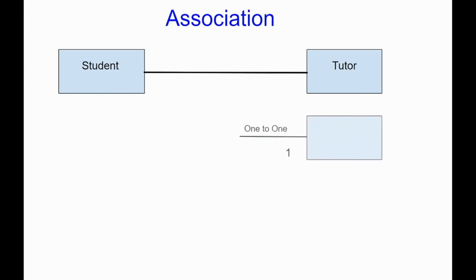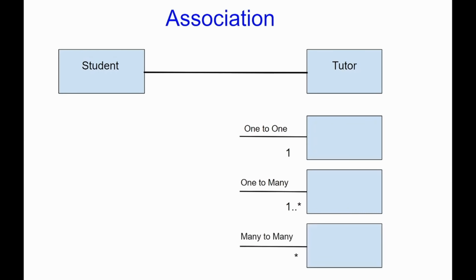In addition, we can also specify the multiplicity, that is the number of objects that can take part in the relationship. Multiplicity is specified as a comma-separated list of intervals where each interval is represented as a minimum, maximum. For example, one student can learn from many tutors, and a tutor can teach many students.